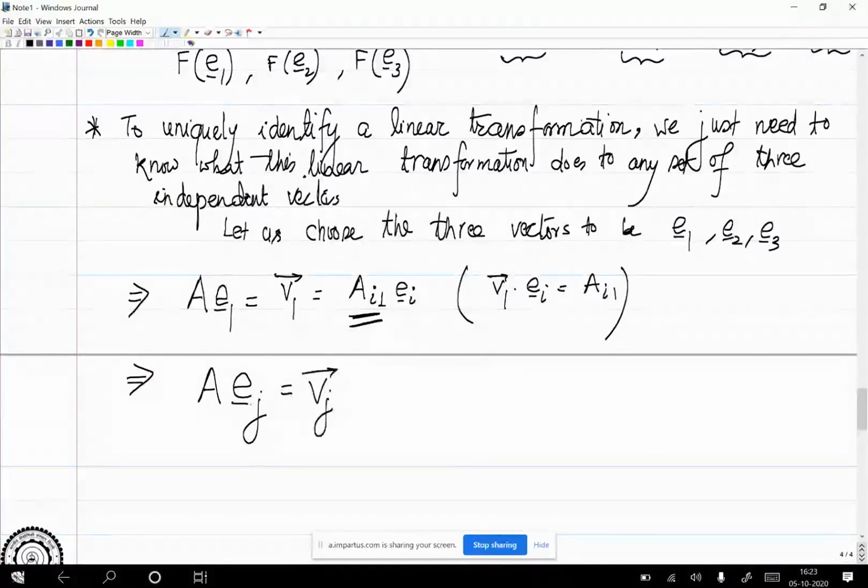So, with this notation, I wrote all the three equations for J equal to 1 to 3. So J is a free index here, isn't it? And this then becomes equal to AIJ EI. What do you think? Is that okay?